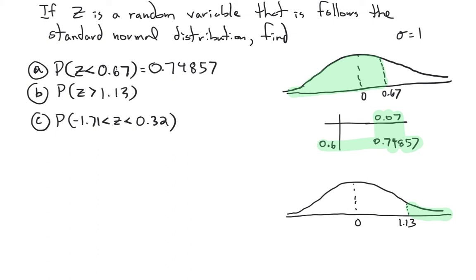Well, remember that our table only gives us values to the left of every point. But that's okay, because we know this entire distribution has an area of 1 below it, 100%. So all we need to do is we'll just subtract off what we don't want. We don't want this area in blue.